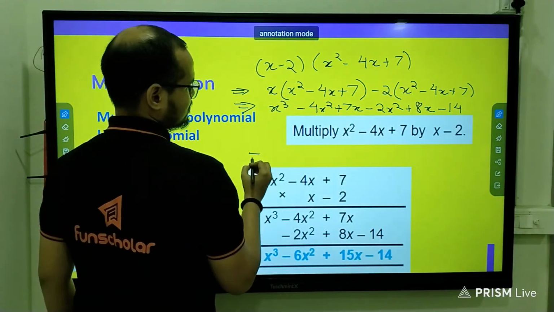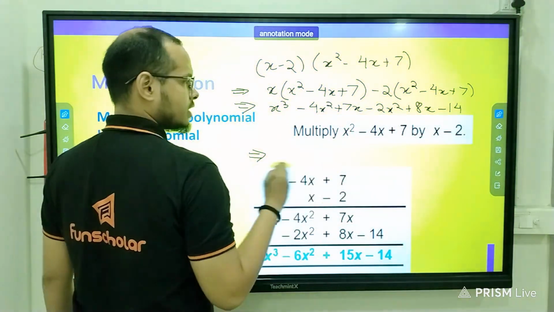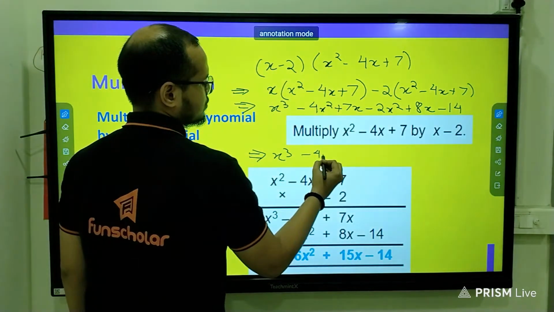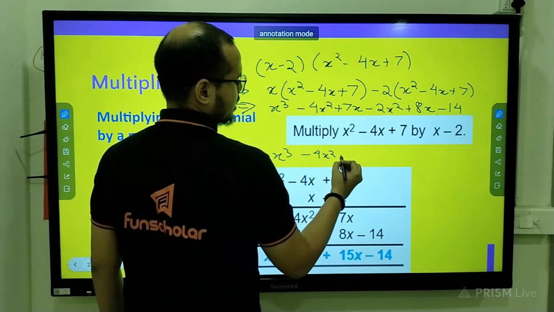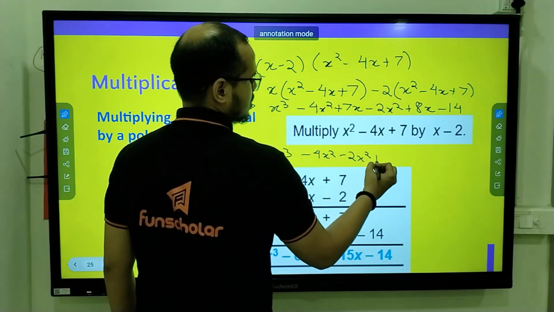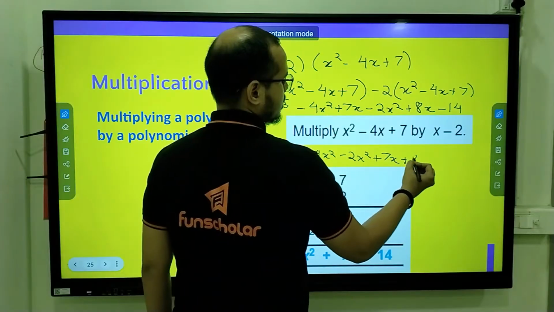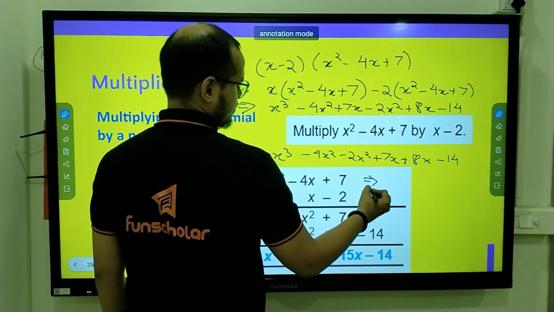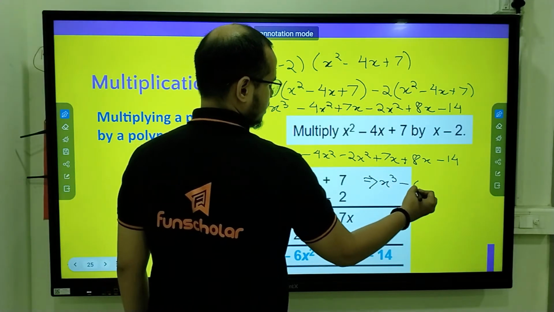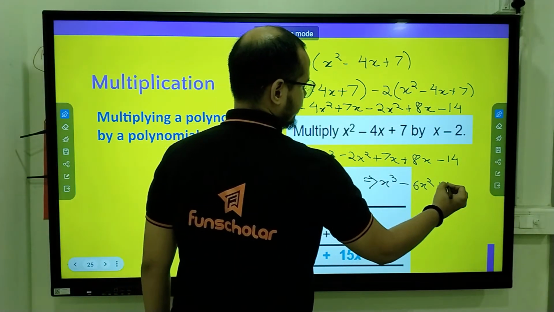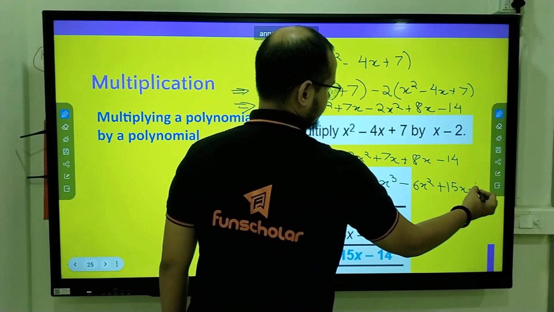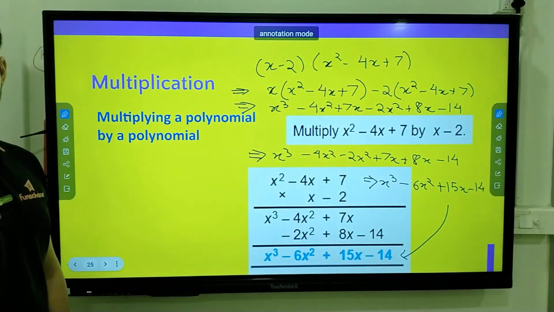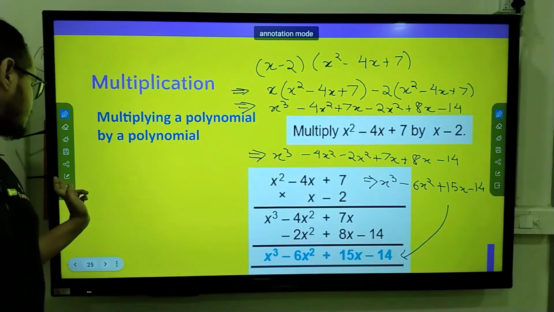Next step, like terms and unlike terms, same thing. x cube is given, nothing to combine, then x square minus 4x square minus 2x square, plus 7x plus 8x minus 14. Next step, I'm writing it here: x cube minus 6x square plus 15x minus 14, which is the answer. Plain and simple.